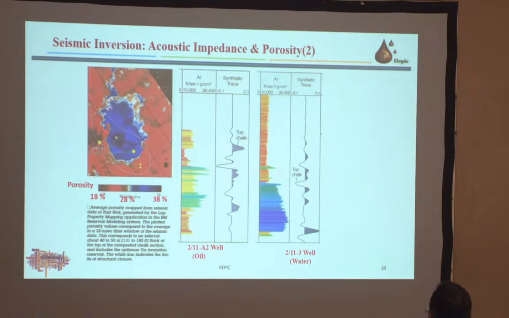In yellow, the most porous area, and probably you don't see it from far away, but here they have shown the structural map. So there you see there is not exactly a coincidence between structural aspect and the porosity distribution.